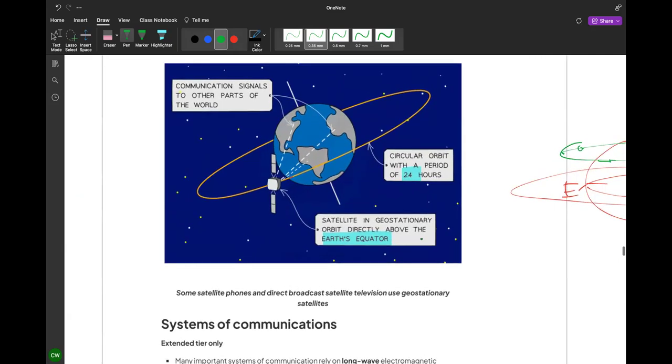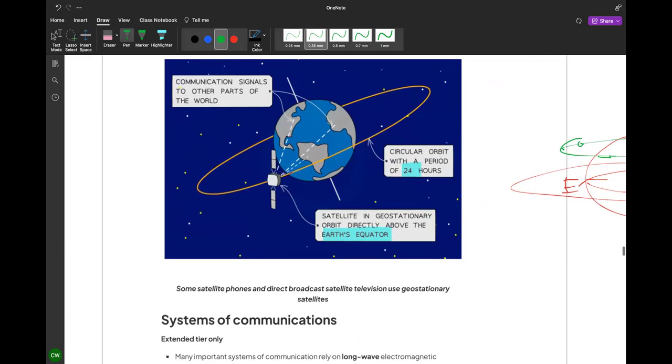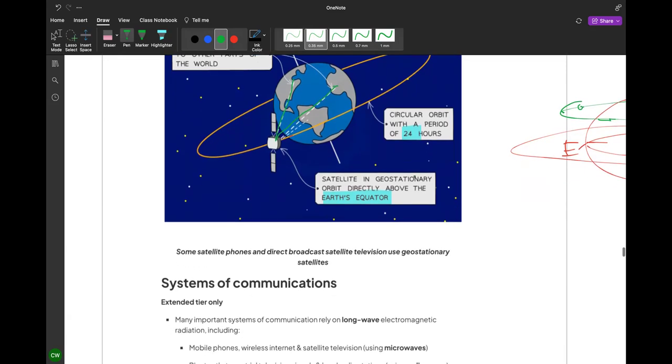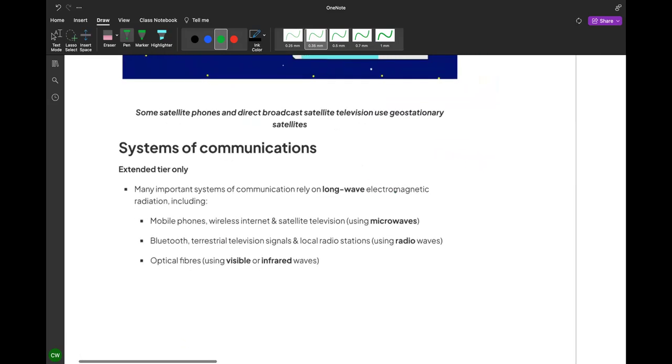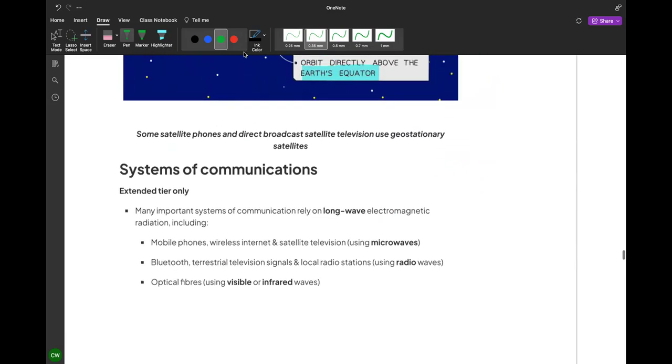So this is how we communicate. You have to send a signal, then reflect. For short distance communication, you use Bluetooth, which uses radio waves.